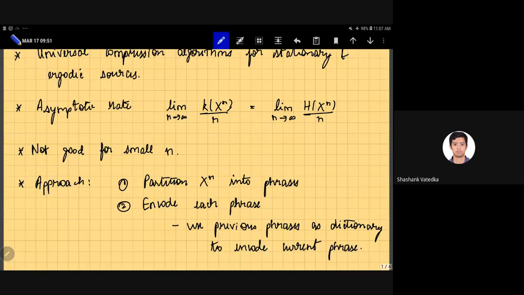The basic idea is that you use the previous phrases as dictionaries. Hopefully there's a lot of information contained in the previous phrases, so you can get a very compact encoding of the current phrase, given that you already have the previous phrases. Both the encoding and decoding start from x1 and go all the way to xn, so there's an order in which you encode and decode the symbols of the string.